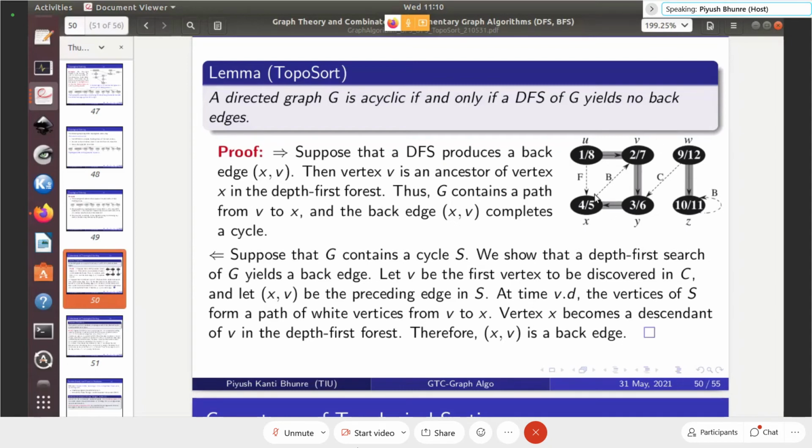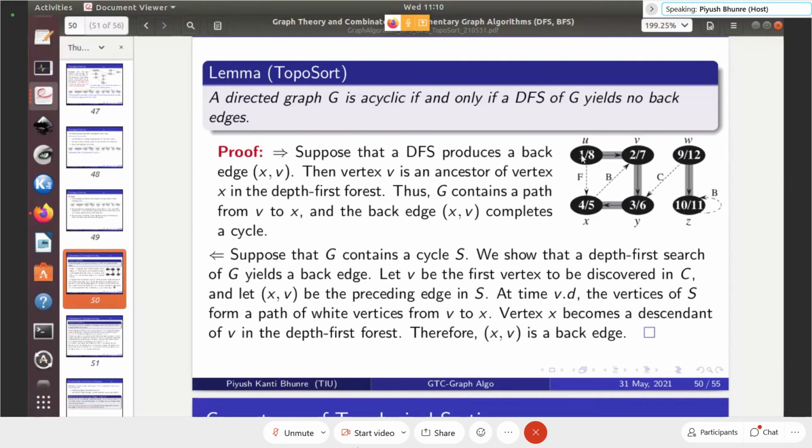You can determine that when you look at the adjacency list of x, and one of the adjacent vertices is v, which is already discovered and is an ancestor of x because its discovery time is much before x. So it is already discovered and it is in the same component traced out by the DFS.